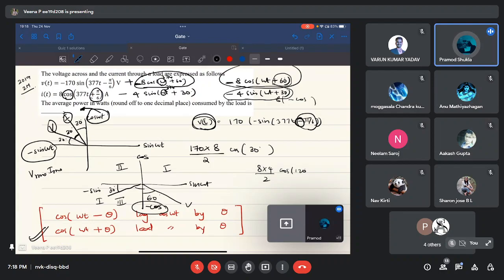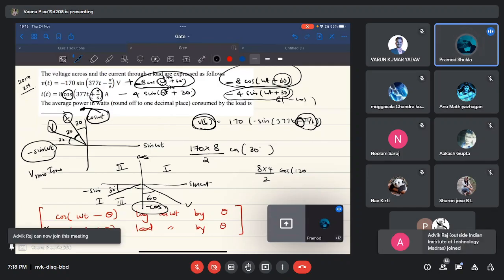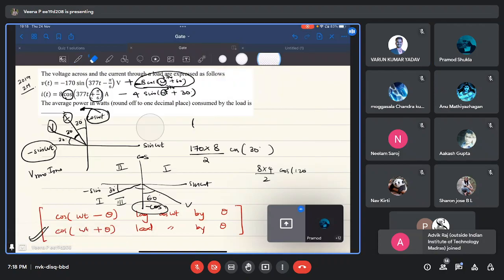In reactive power it is the same. If voltage has 377 and current has 377, we can get reactive power, or 377 with 374 also we can get reactive power. With different frequencies also you will get reactive power.